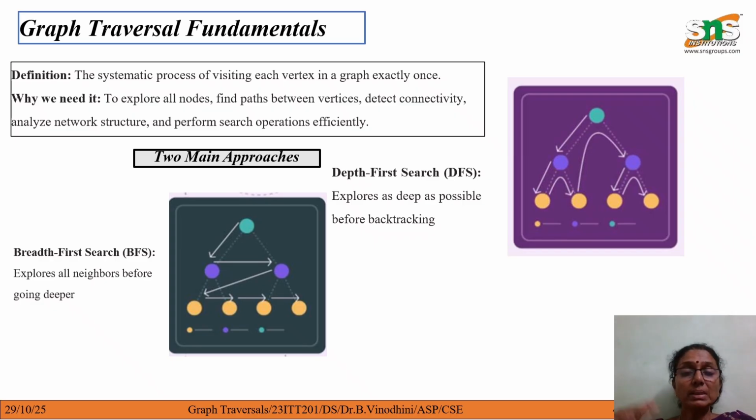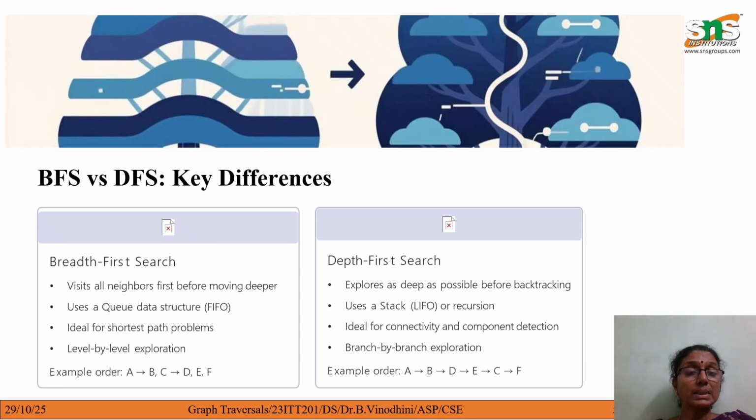It travels towards the depth, and once it reaches the last level, it does backtracking and goes to the previous level. So these are the two approaches in graph traversal.